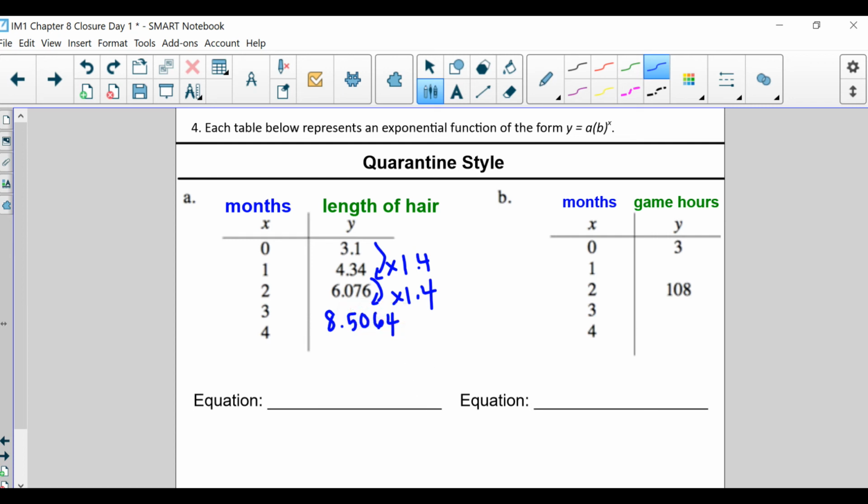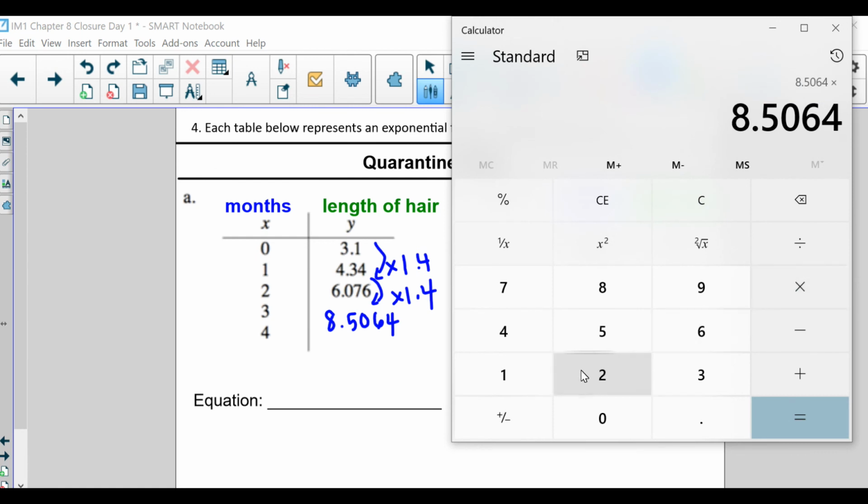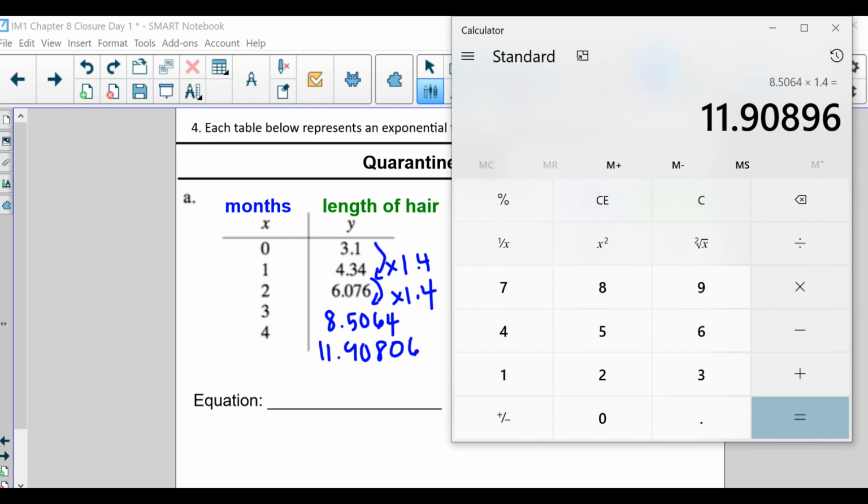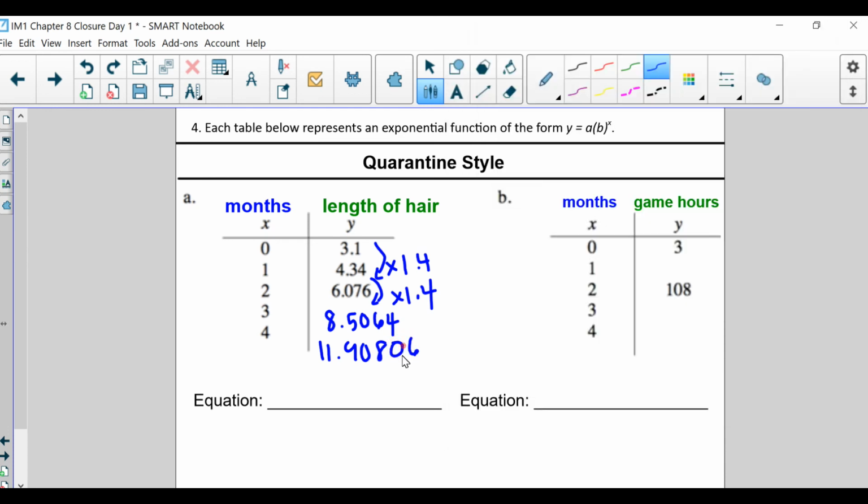And then we're going to take that number and multiply it again by 1.4. And we get 90,896. 90,806. Did I write that down right? 96. There we go.